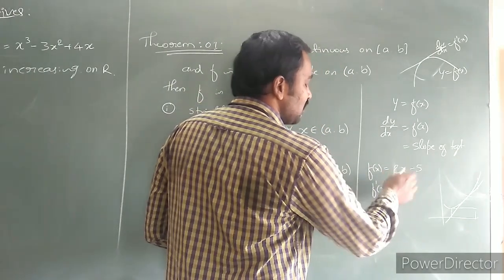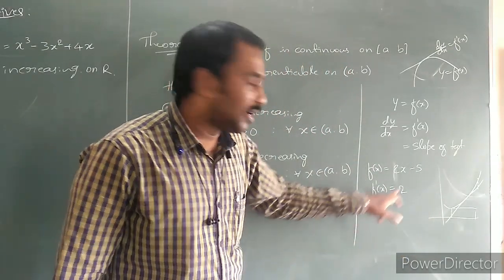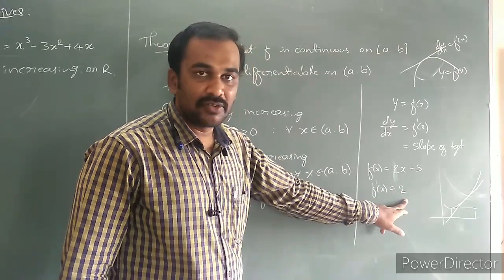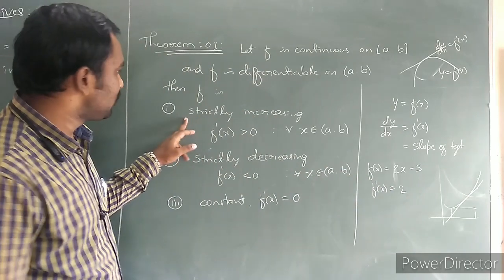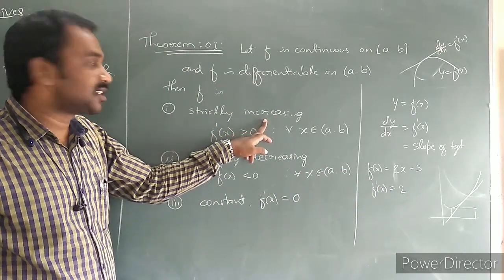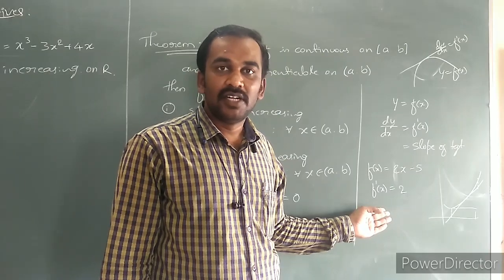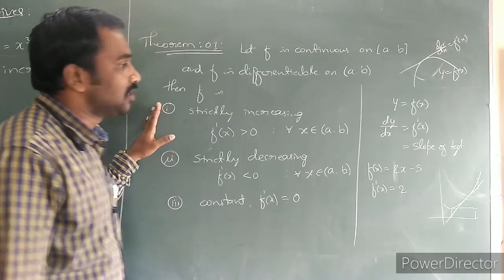Differentiation of 2x is 2, and of minus 5 is 0, so f dash of x is equal to 2. Is the first derivative positive or negative? Obviously it is positive. Positive means we can conclude that it is strictly increasing. Previously we did the same thing, so either by definition number 1 or theorem number 1.